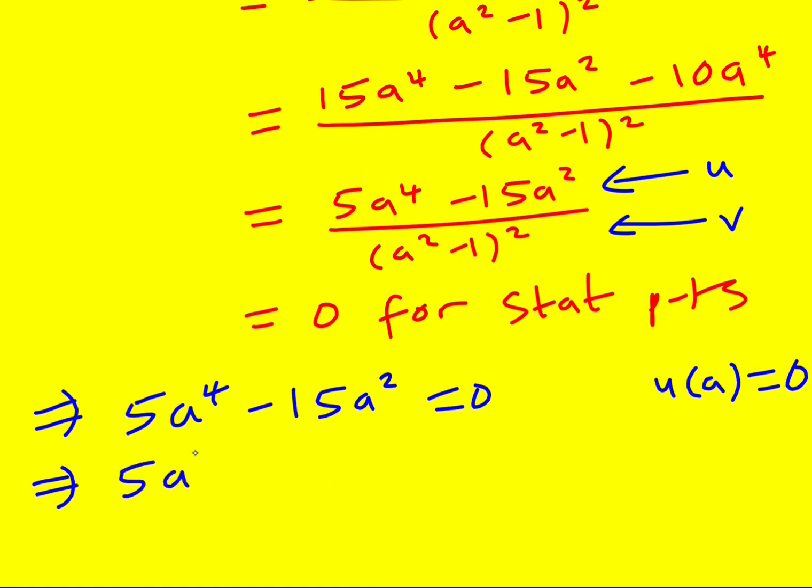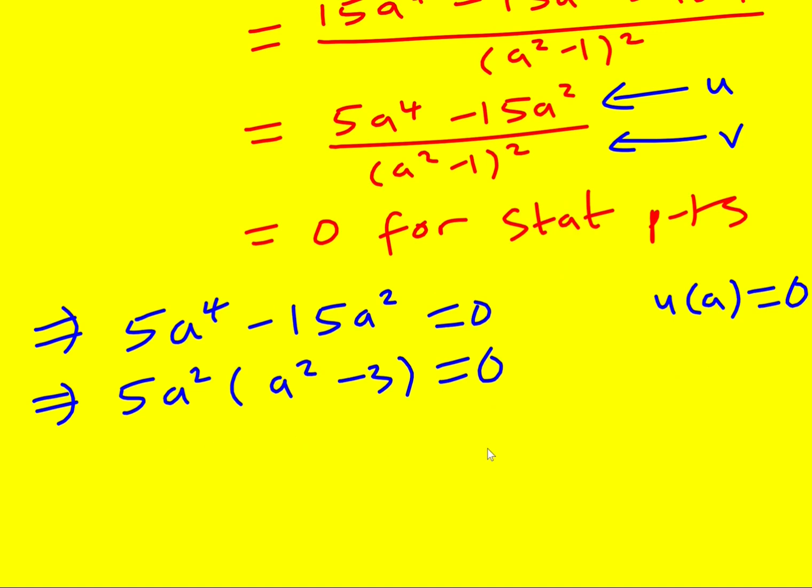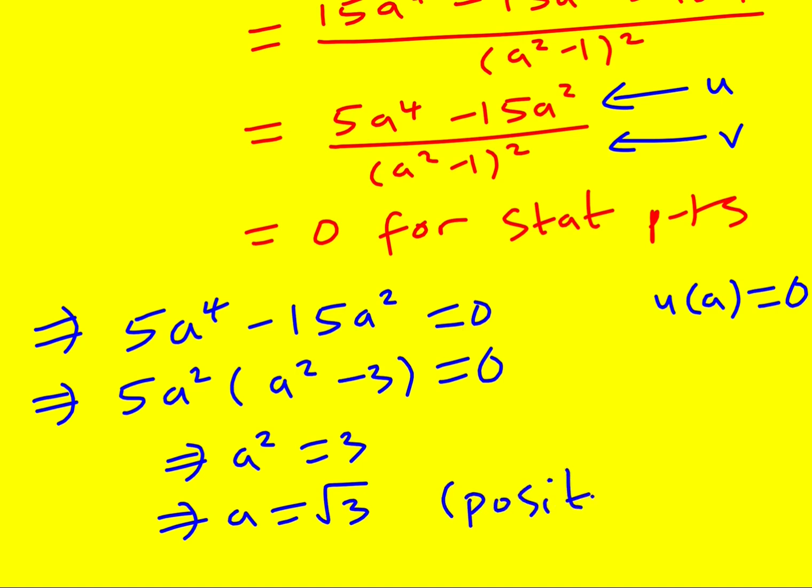And I can factorize out a 5a squared. But a is not equal to 0, so it's got to be that a squared is equal to 3. So a is going to be the square root of 3. We know it's positive because that was the definition earlier on.